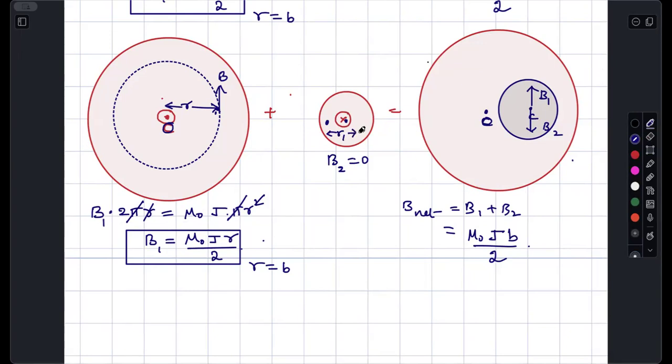Inward, boys, it's an inward field. Correct? What is the direction of the magnetic field line? Outwards. Now erase.